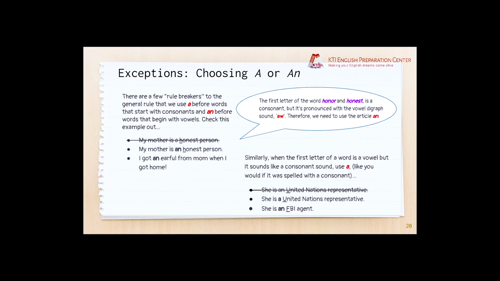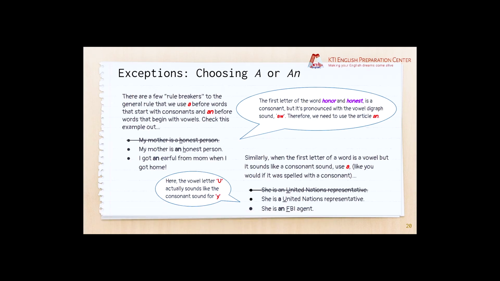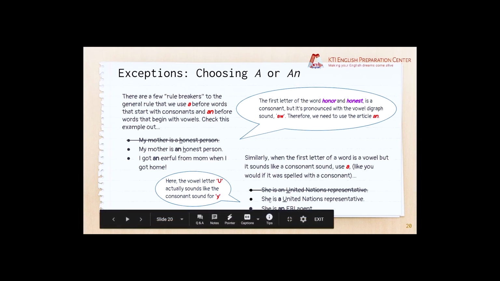The U is a vowel, so you think, oh, I've got to put an in front of it. But it's not giving the vowel sound. Here, the letter U is actually sounding like the consonant sound for the letter Y. So, she is a United Nations representative.